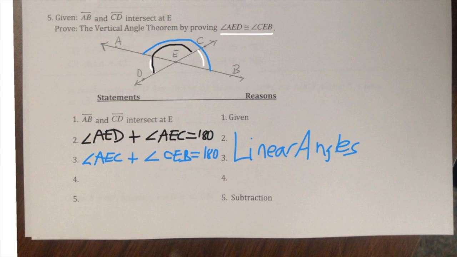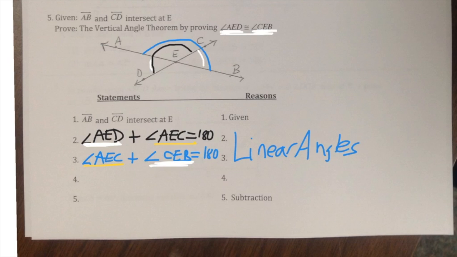So let's talk about why these were smart choices. Well, it was a smart choice to start talking about AED because it's one of the angles that I'm trying to prove equal. It was a smart choice in the second line to use CEB because that's also an angle that I need in the proof. And these pieces here match, and that is the part of the rainbows, or part of the linear angles, that overlap.